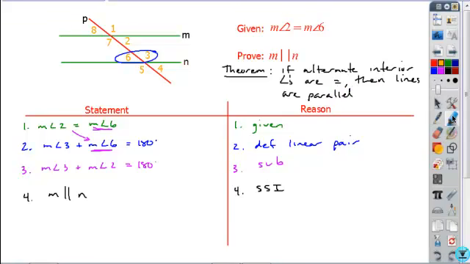Again, when we look at the anatomy of this theorem, the if part is the conditions, the then part is the resulting conclusion. Once again, we can abbreviate our theorem. Alternate interior angles can be used to abbreviate the relationship that if alternate interior angles are equal, then the lines themselves are parallel.